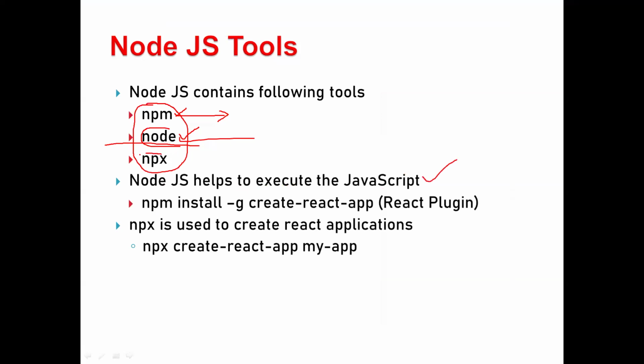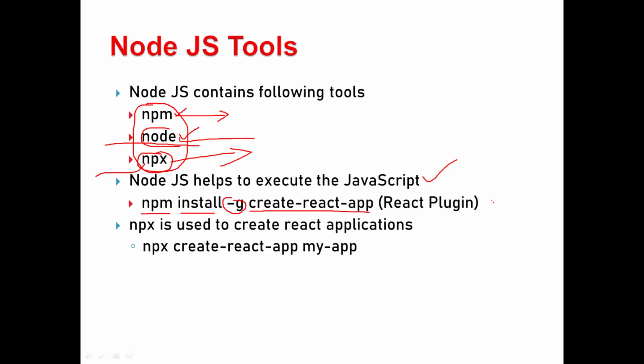We have another plugin called npx. Using npx we can create React applications here. By default you will not get this plugin. You need to install it with one command, npm install hyphen g, meaning global level, so everywhere you can run create-react-app.